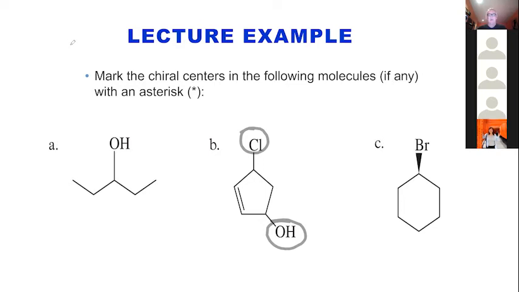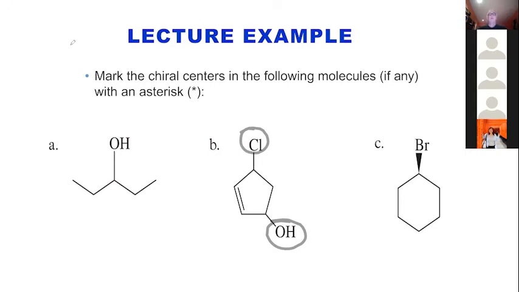So are either of those chiral? I'm wondering if it's no, only because one is a chlorine and one is a hydroxide. Does it have to be the same on both ends?